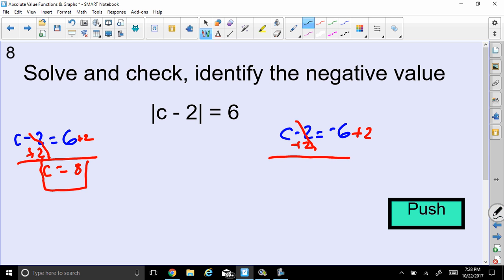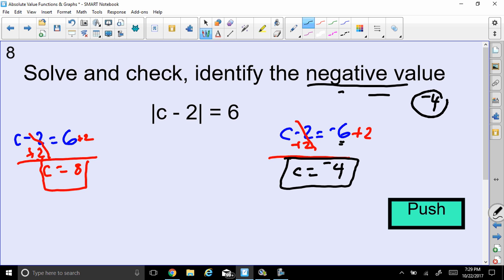So since the signs are different, we have to subtract. 6 minus 2 is 4. And we're going to choose the sign of the 6 because it's a larger digit than the 2. So our answer is going to be C is equal to negative 4. And they said choose the negative value. So our negative value will be negative 4 in this problem.